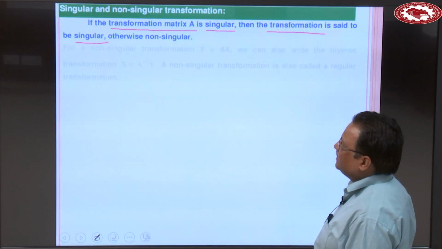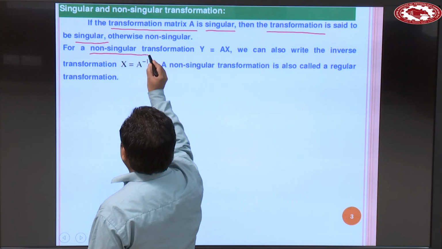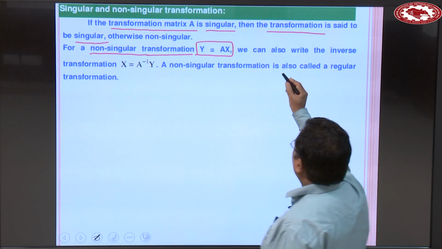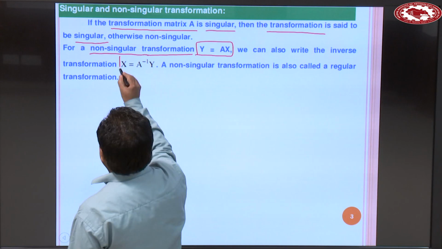Otherwise, it is non-singular. And for a non-singular transformation y is equal to ax, we can also write the inverse transformation x is equal to A inverse y.